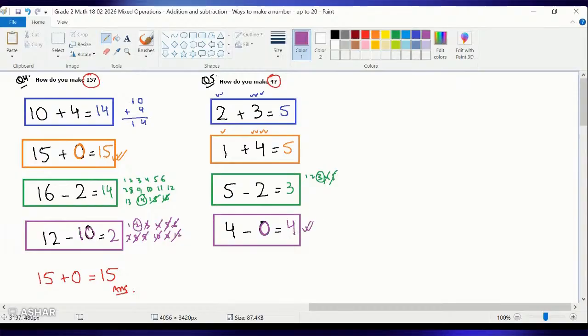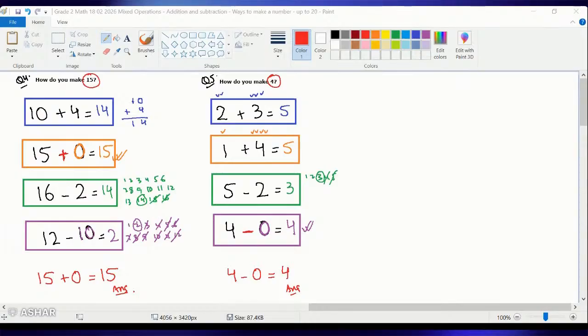That means our final answer is 4 minus 0 would be equals to 4. We need to remember this rule. Minus 0 or plus 0. If we add 0 or we subtract a 0, the answer would always be the same, right? The answer will not change. It will stay as the same number. Let's have a look at the next option.